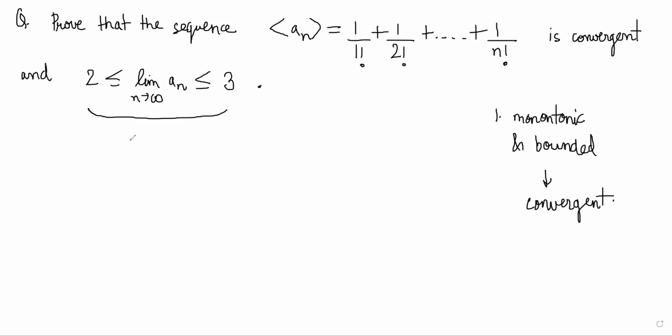Sir, the lower bound will be 1. How will you prove that? I think there is a missing 1 here. It should be 1 plus. You can put a 1 plus here. Okay sir, so the first thing remains the same for it to be monotonic. If you put a 1 plus, then the lower bound is 2, obviously. The 1 becomes 2, plus 1 gets added.